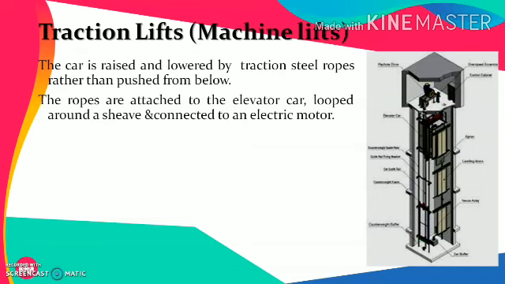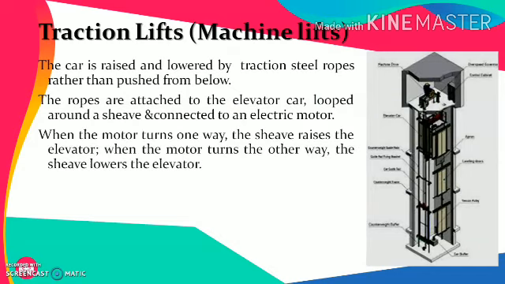The rope around it is connected to the car and the counterbalance weight, and they help to move the lift. These sheaves are rotated with the help of electric motors, and that allows the lift to move vertically upward or downward.